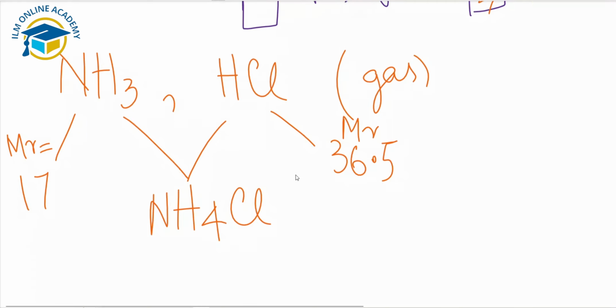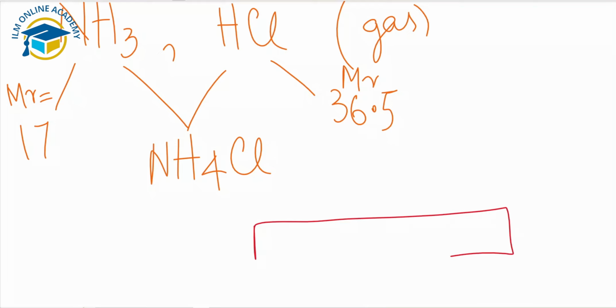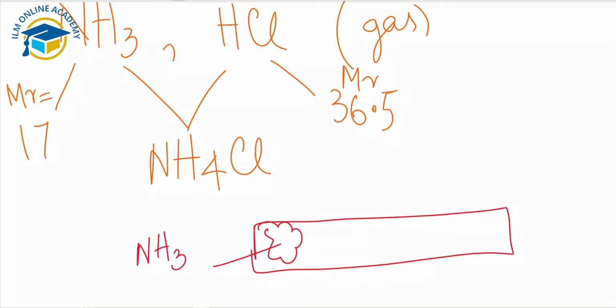Like this is the cylinder. In this cylinder we have cotton. This one is the cotton that is soaked with ammonia solution, because ammonia is in gaseous form, so we put the ammonia gas into water or any type of liquid to form a solution, then we soak the cotton.